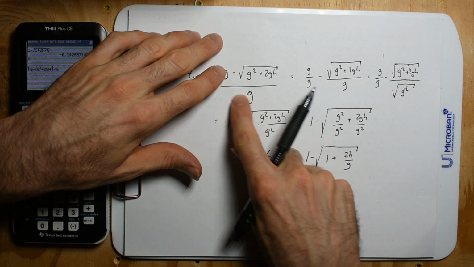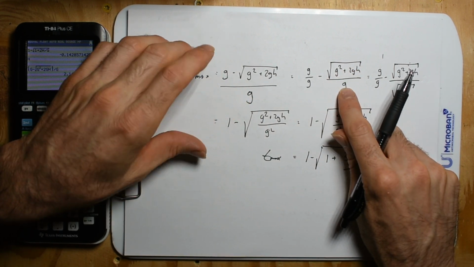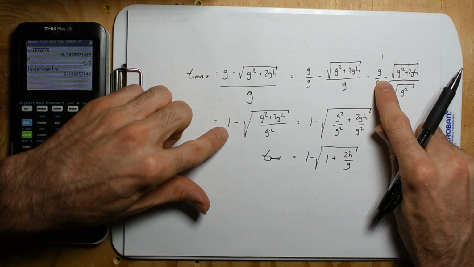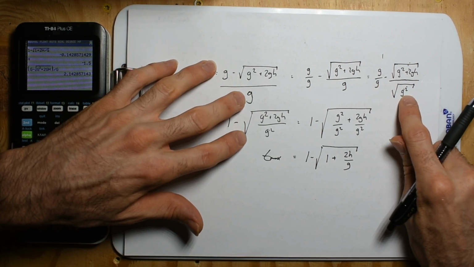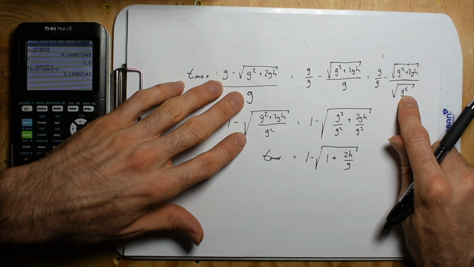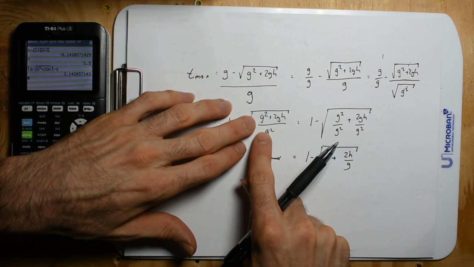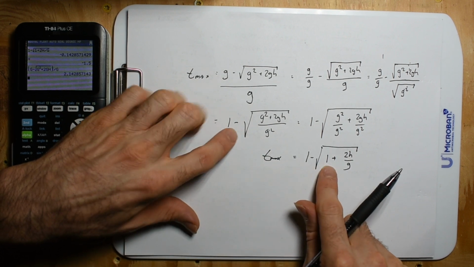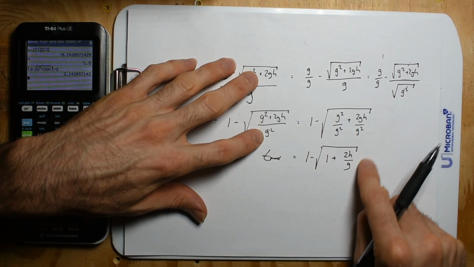This is g divided by g, and this is that divided by that. This is going to be 1 right here, but minus. And this squared works. It's a positive with the 2gh. So we have 1, so it's 1 minus 1 plus, and then we just have 2h divided by g.